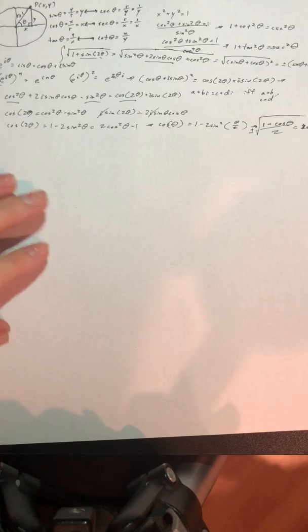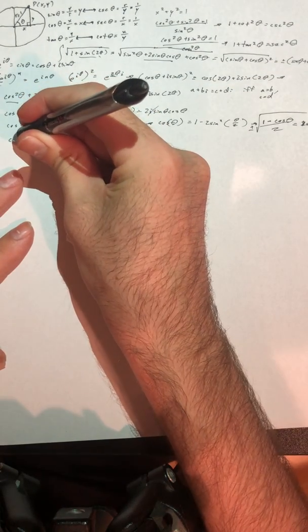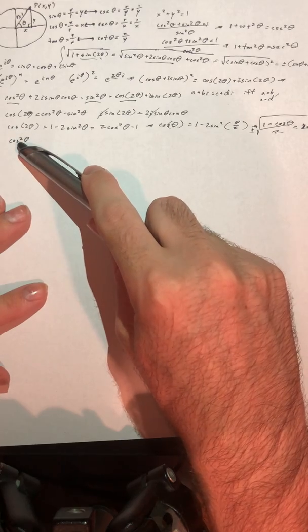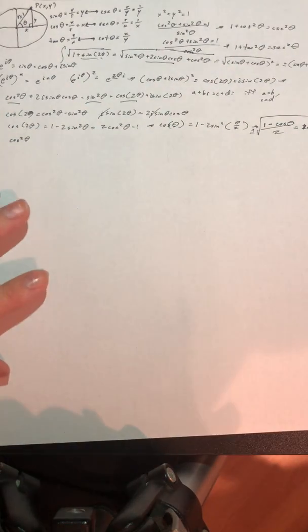What else? Oh, power reducing formulas. These are going to be very, very helpful for you, especially in integration. For example, let's say I have cosine squared theta. My question to you is, how could I write that so that the largest exponent is 1?